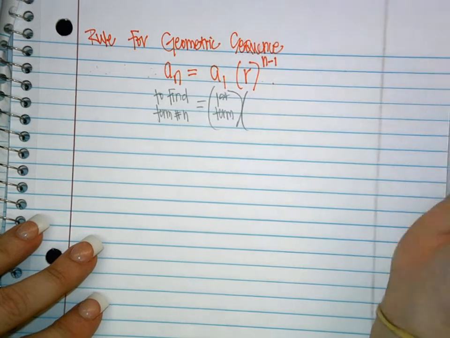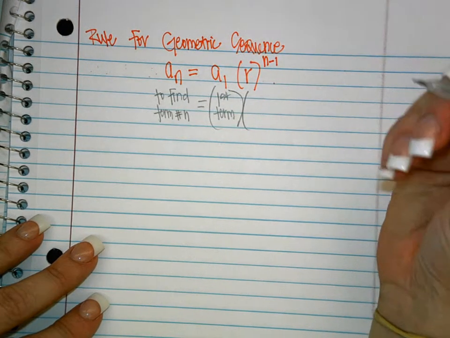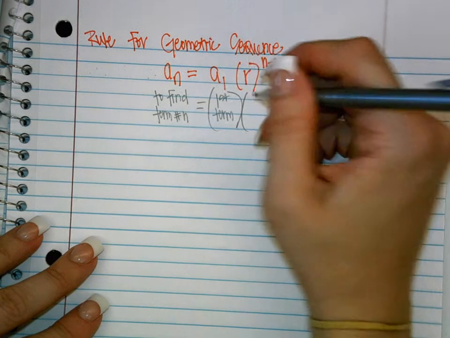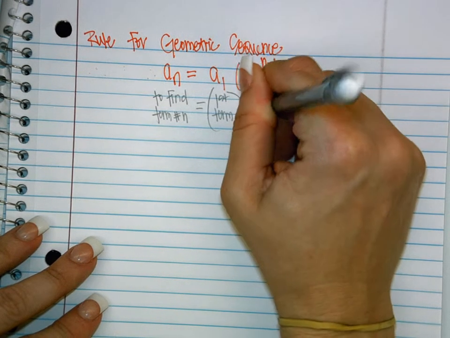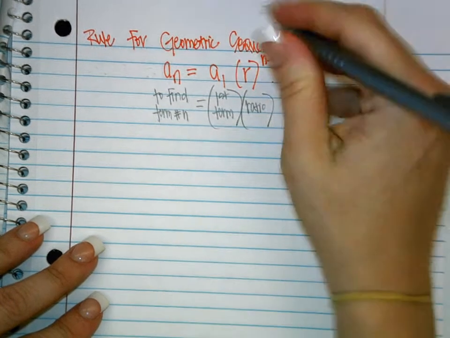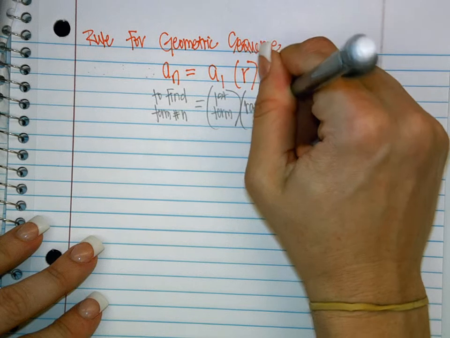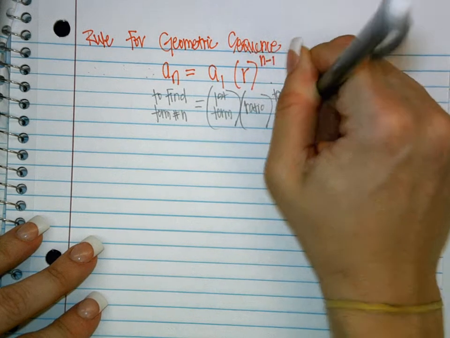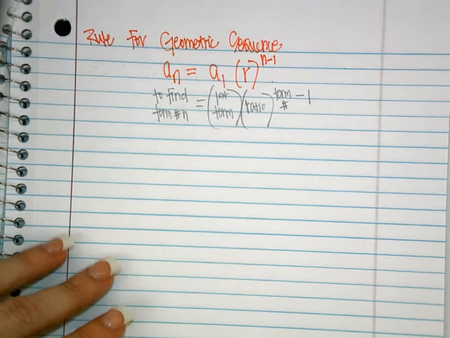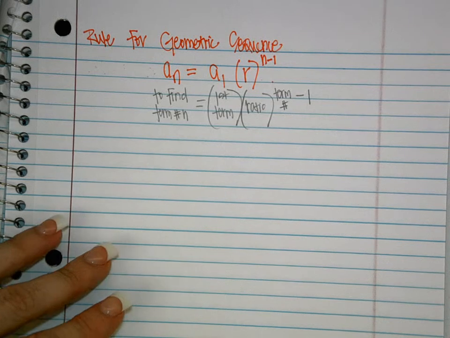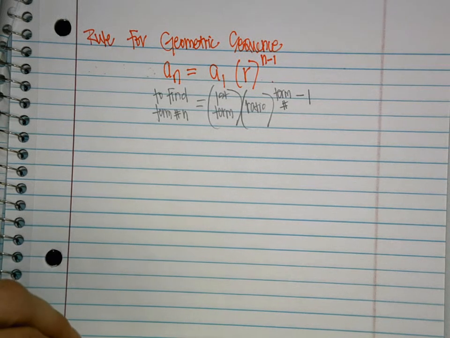And you are going to multiply it by r, the ratio, to the n minus 1, where n is the term number minus 1. So a sub n equals a1 multiplied by r to the n minus 1 power.